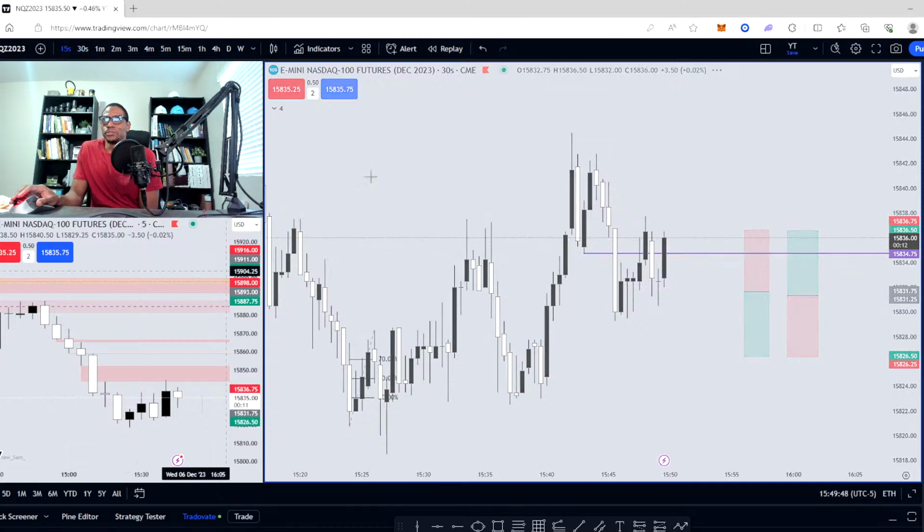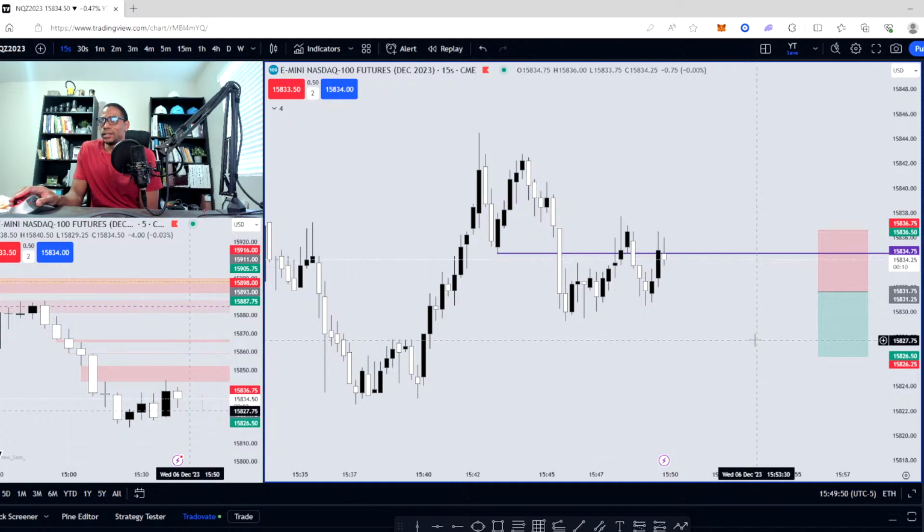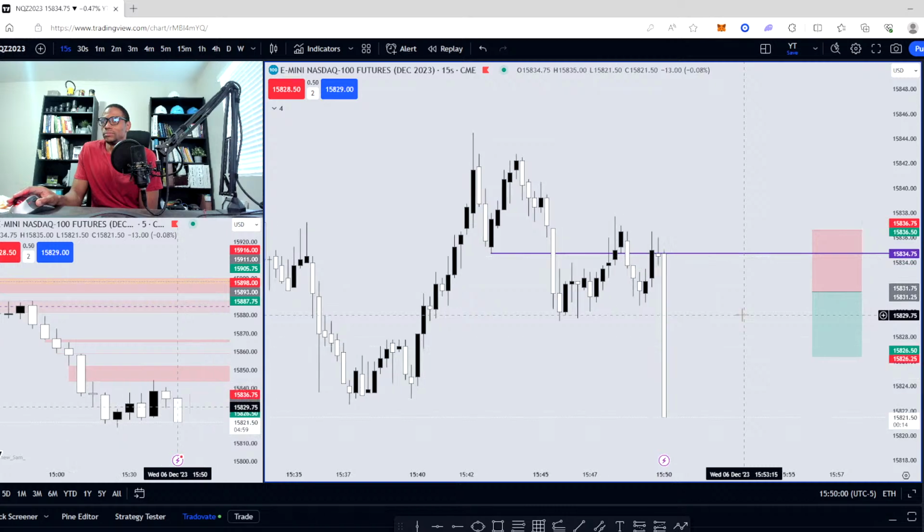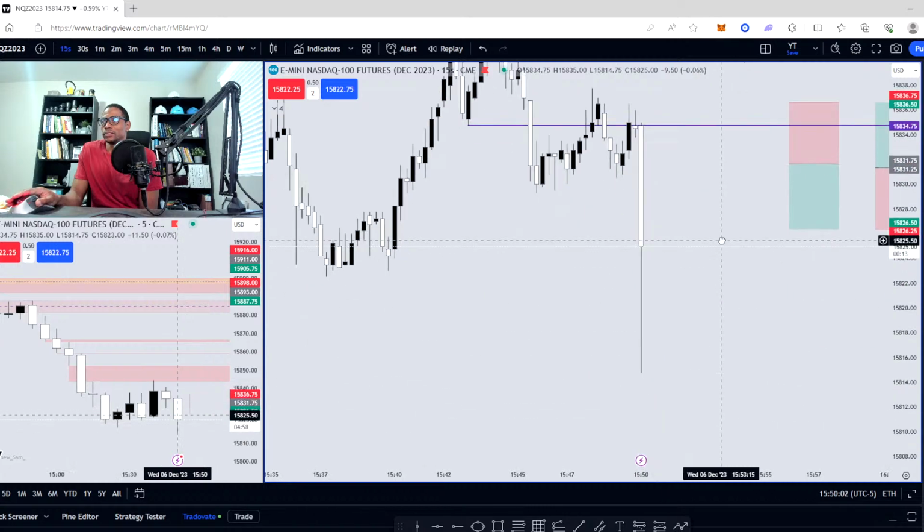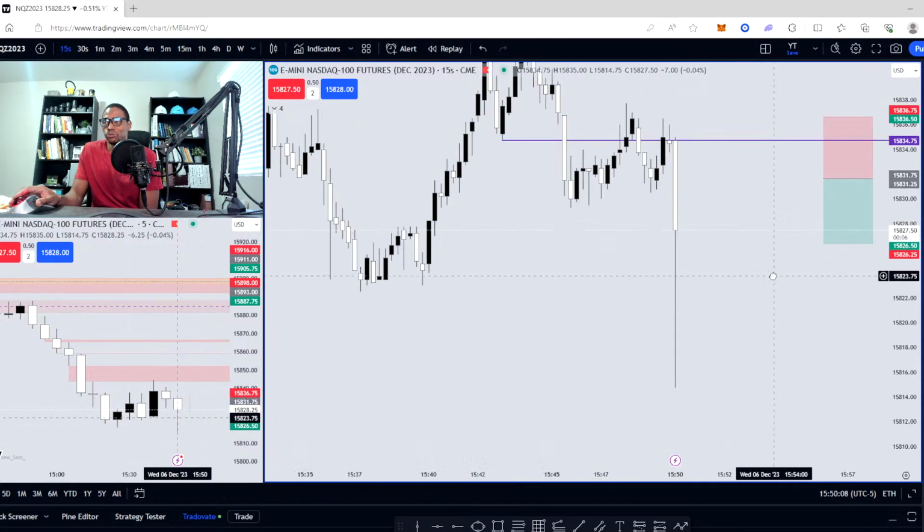All right, let's shift to the 15-second. Let's see if we had a low taken. It looks like we have not had a low taken, so we continue to wait. Ooh, okay, every low was taken. Look at that candle. Holy cow. First second. That's exactly what I was just talking about just a few minutes ago.